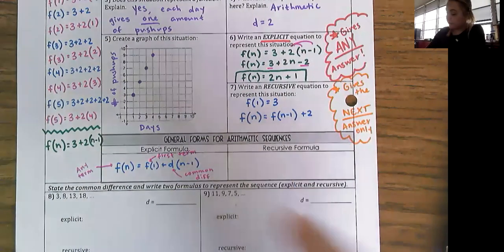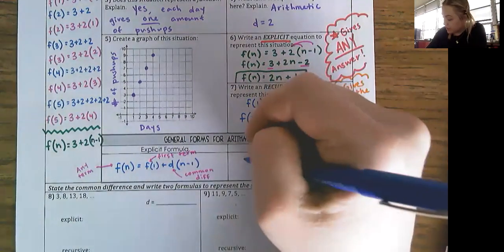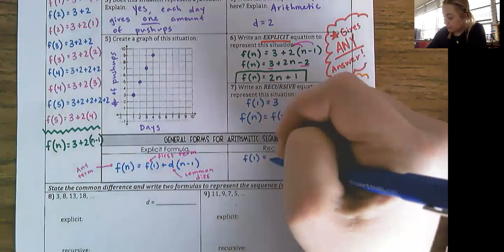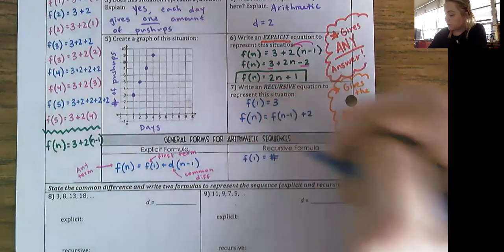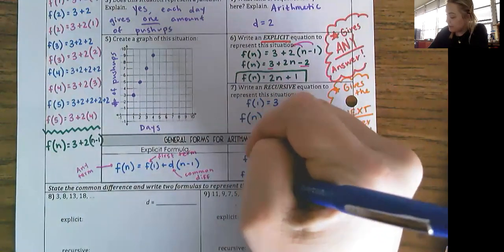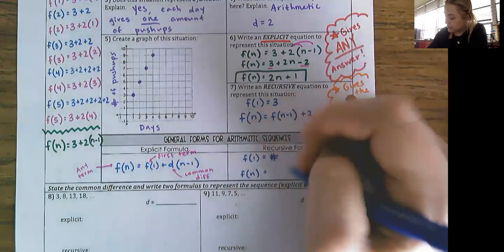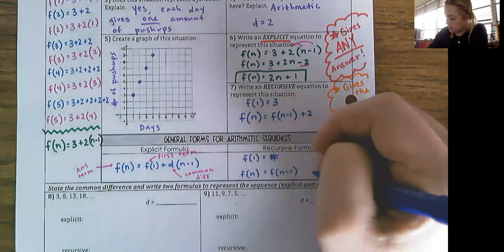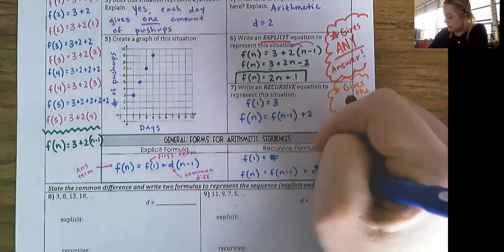Let's do a general form for recursive. So you always have to start by saying f of 1 equals some number. That's your starting point. And then your second line will say f of n equals f of n minus 1 plus d.